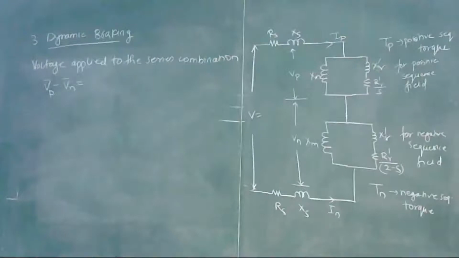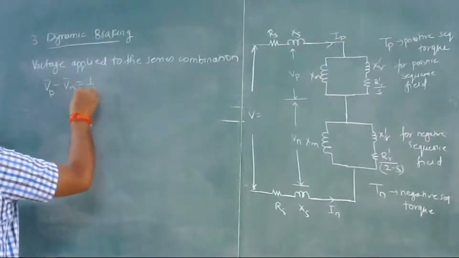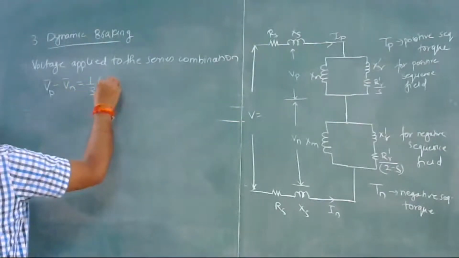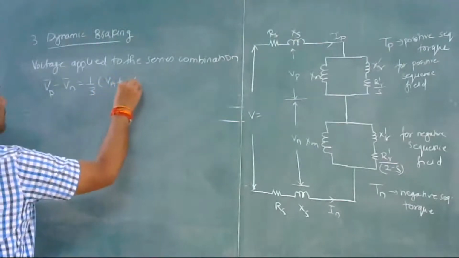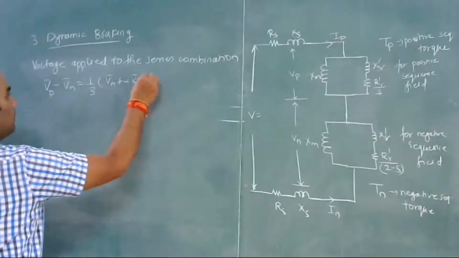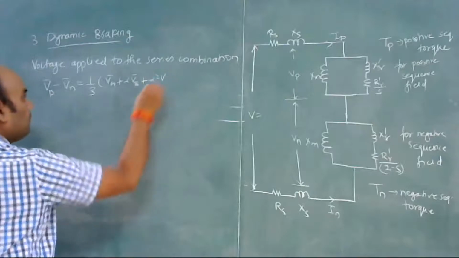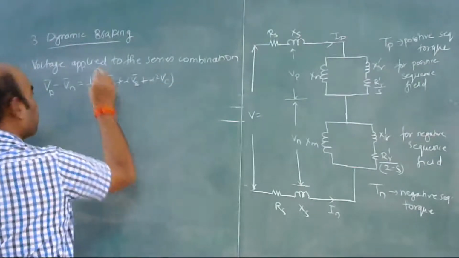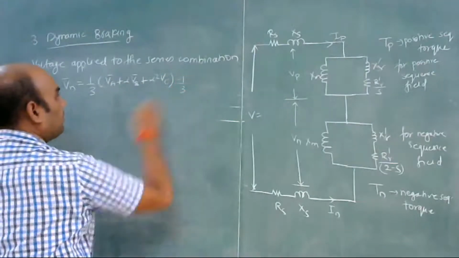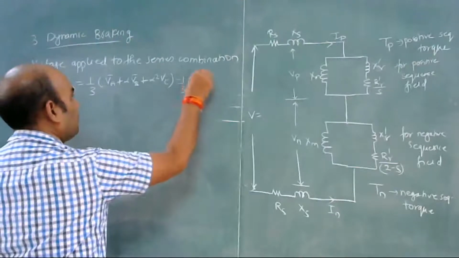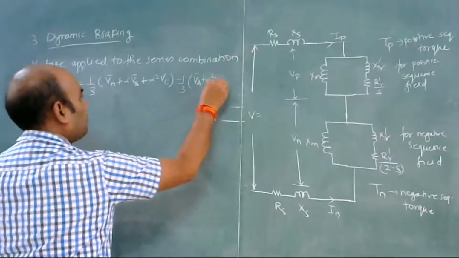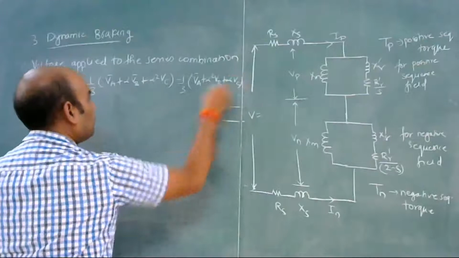So this will be 1 upon 3 of VA plus alpha VB plus alpha square VC, minus 1 by 3 of VA plus alpha square VB plus alpha into VC.